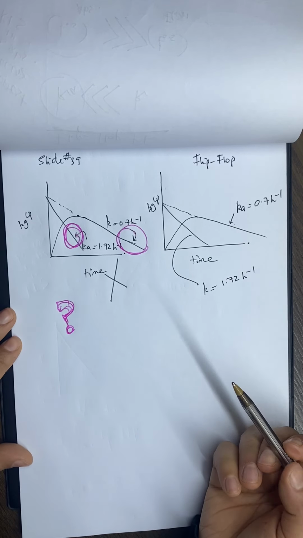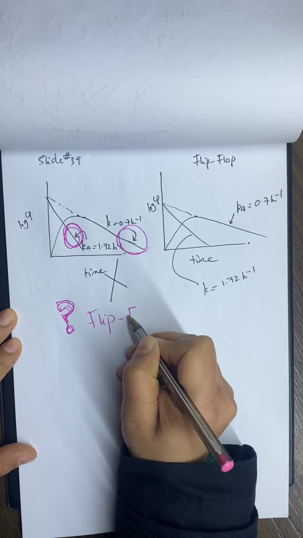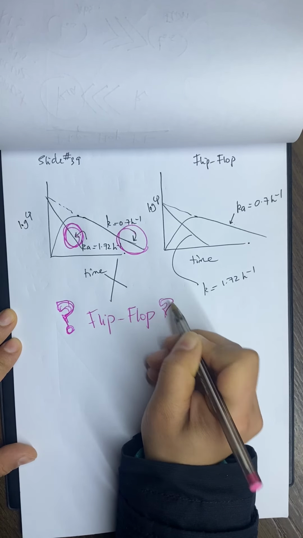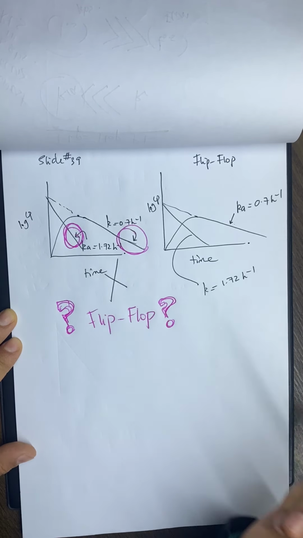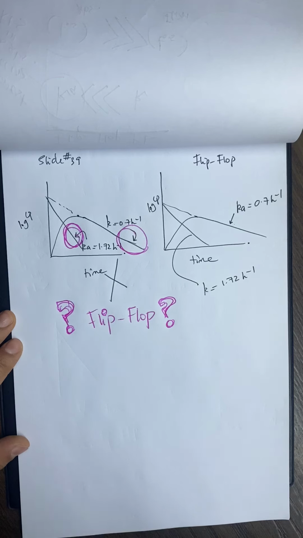In other words, how can I determine if I have flip-flop kinetics or not experimentally? We have different experimental work that we can do, but some of them relate to the formulation.